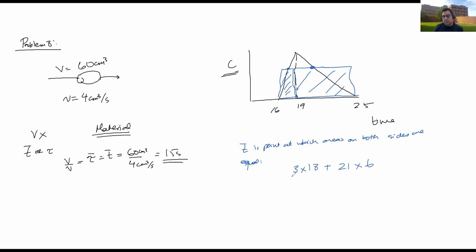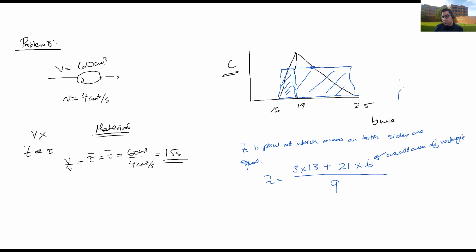So this is the overall area, and then I'm going to get the average by just dividing by the overall time, 25 minus 16, which is 9.